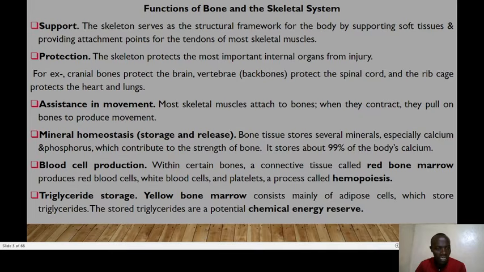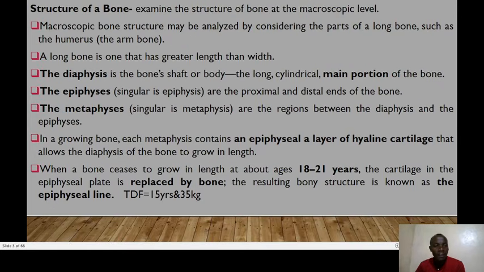Lastly, we have triglyceride storage, and here we have the yellow bone marrow, which is normally found in the medullary cavity. This consists mainly of adipose cells, which store triglycerides. These stored triglycerides are a potential chemical energy reserve. Okay, so those are the different functions of the bones and the skeletal system.